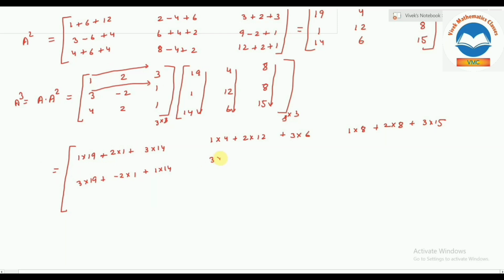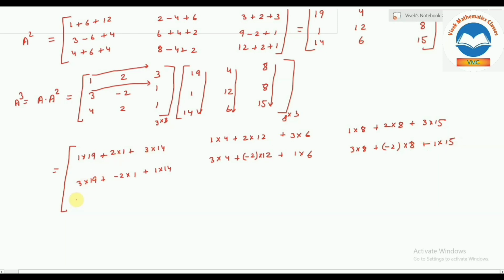What you will get? 3 into 4 plus minus 2 into 12 plus 1 into 6. Next, second row, third column. So you will get 3 into 8 plus minus 2 into 8 again plus 1 into 15.